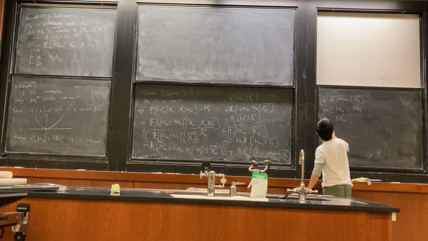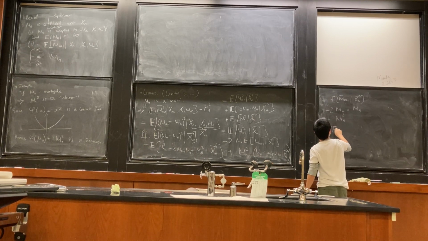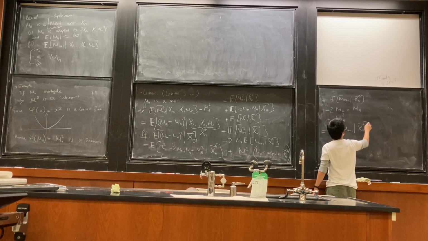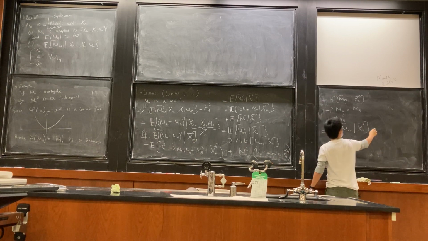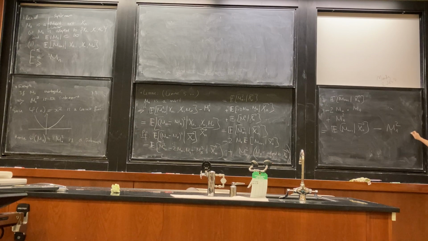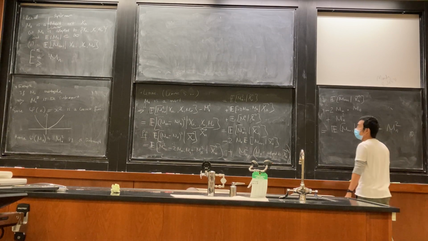So everything comes down to the expected value of Mn plus 1 squared conditioned on the past, minus Mn squared. Okay, so that is the one lemma.